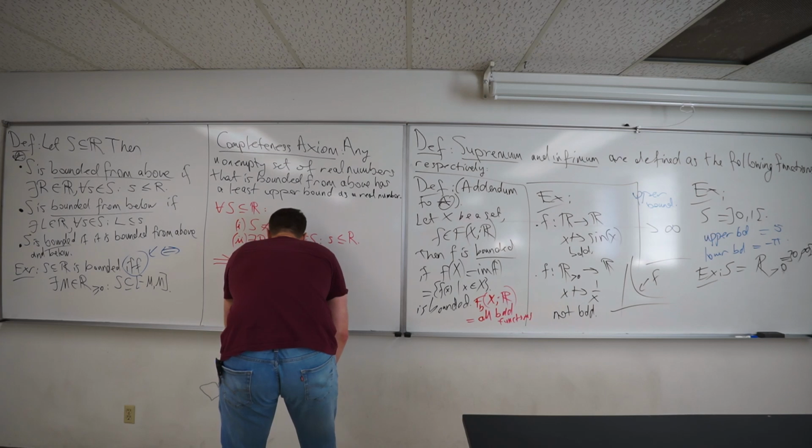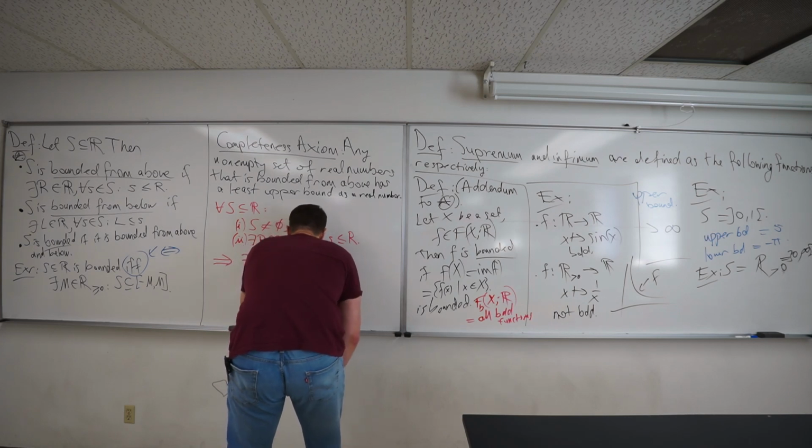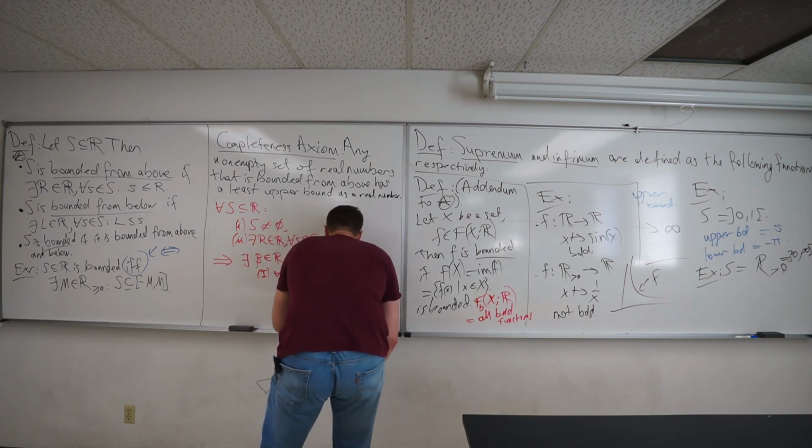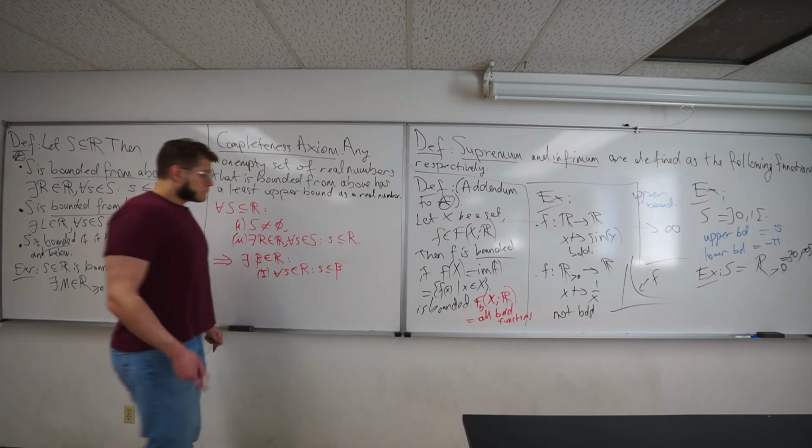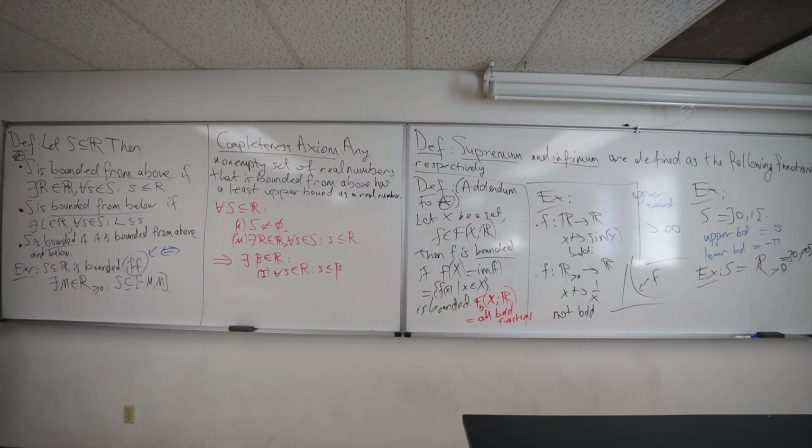Okay. But furthermore, I also need to say that this beta is the best upper bound. It's the optimal upper bound. And how could I say that? I could say something like this. If I had some other upper bound, this beta is less than or equal to it.